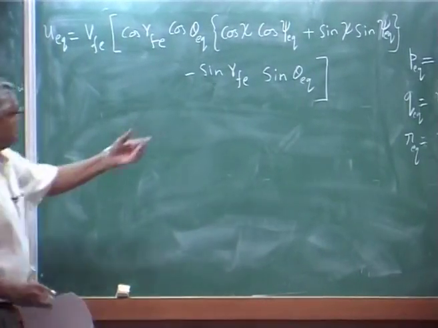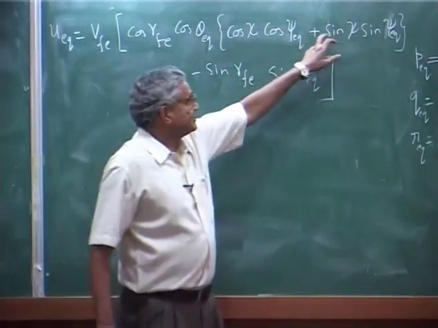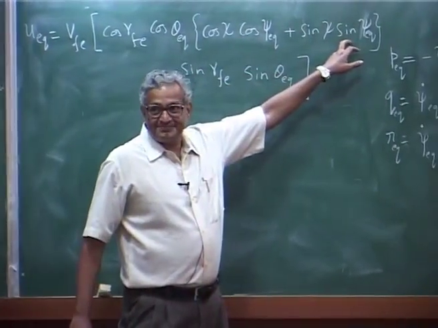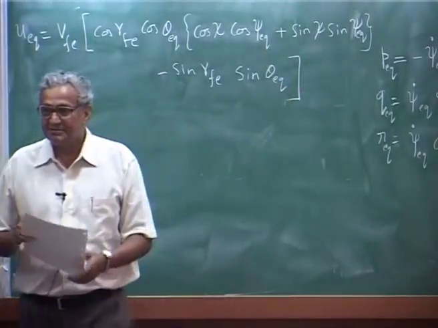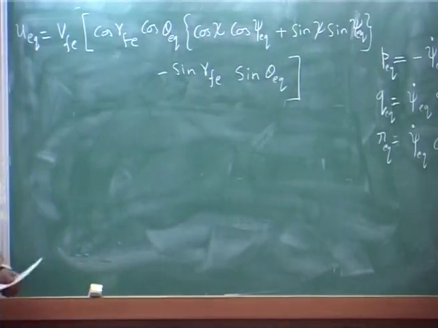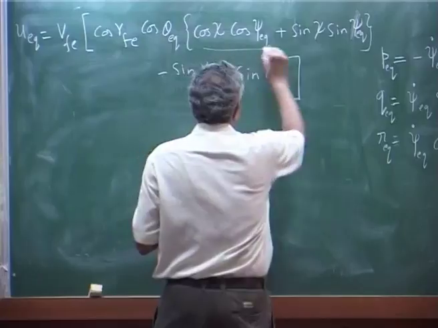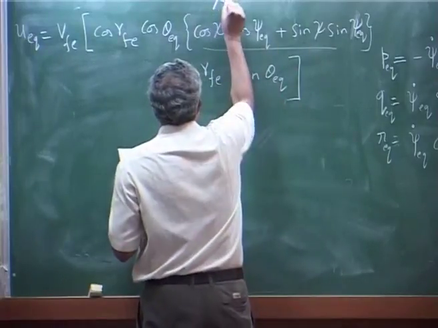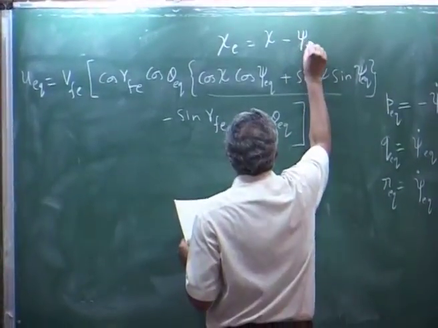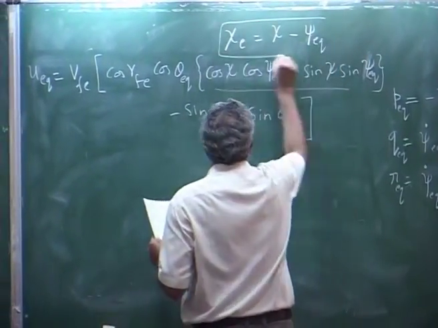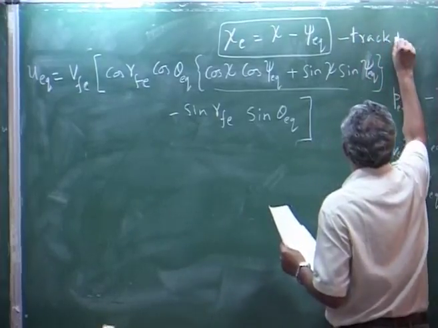What you will find is you will have a term cosine cosine plus sin sin. This is nothing but chi minus psi, and this you call the track angle.